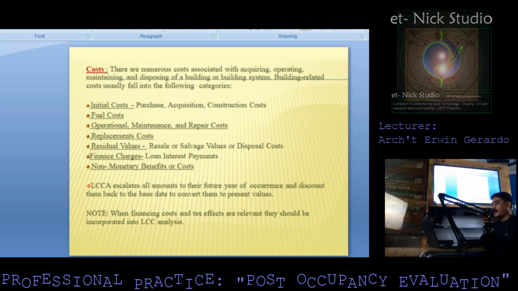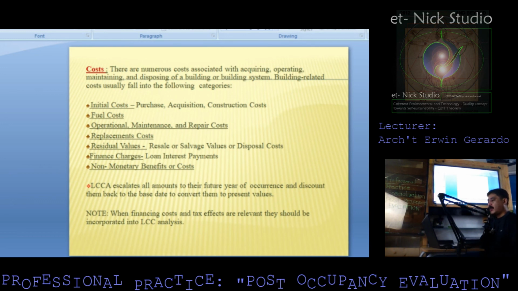Building-related costs usually fall into the following categories: initial cost, purchase, acquisition, construction cost, fuel cost, operational, maintenance, and repair cost, replacement cost, residual value, resale or salvage values, or disposal cost, finance charges, loan interest payments, non-monetary benefits or cost.